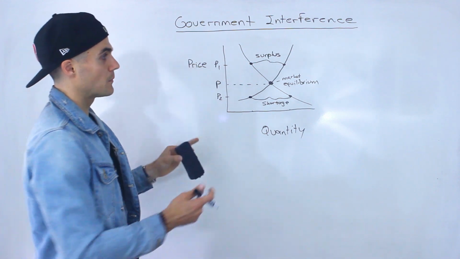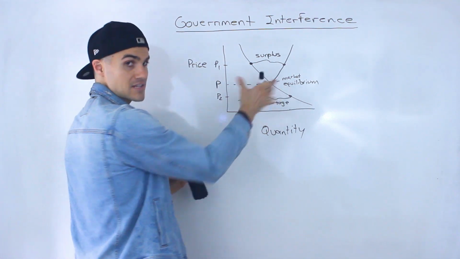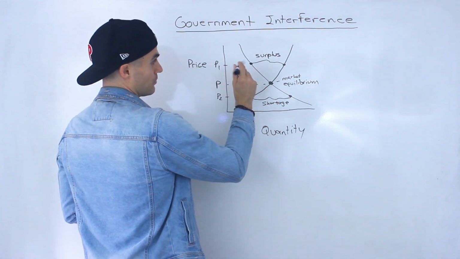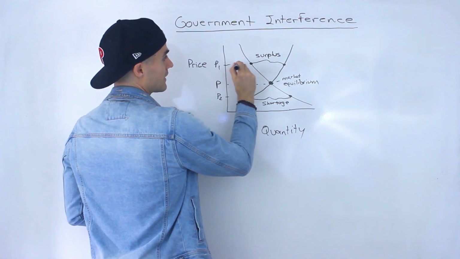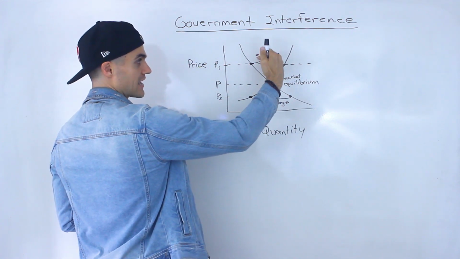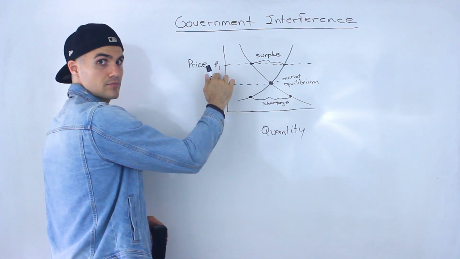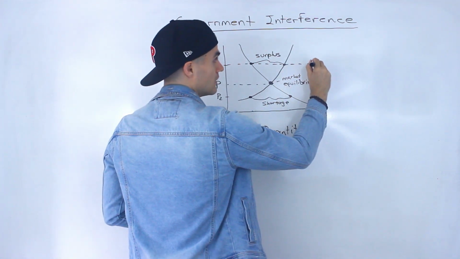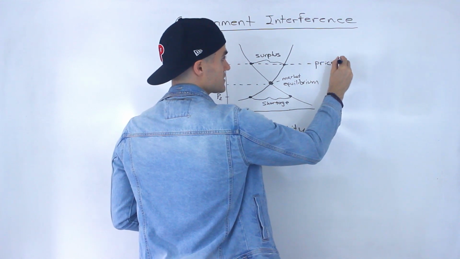But sometimes the government can interfere with this and prevent this market equilibrium from happening. So for example, up here, they could set a barrier where the price of a good or service cannot go below this price. They'll set like a minimum price for a good or service. And more specifically, this here is called a price floor.